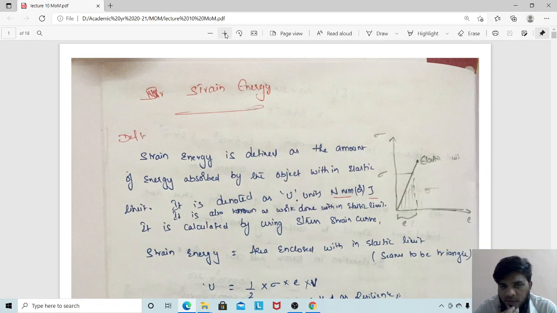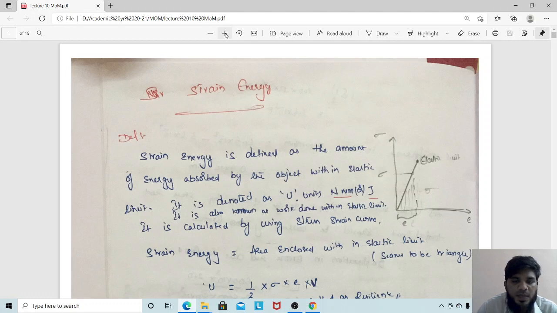So what is, first of all, strain energy? I can explain it in a simple way. If you consider a spring that you are stretching or compressing, the best example is compressing your shock absorber. When it is completely compressed and you suddenly remove the load, it releases the whole energy.